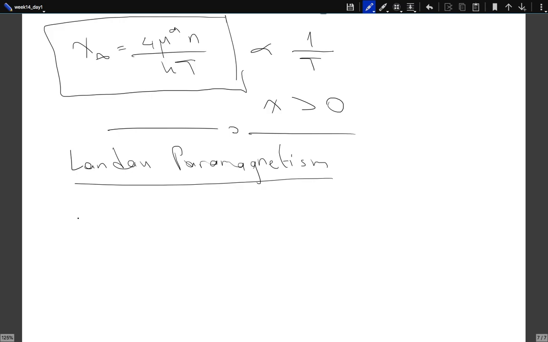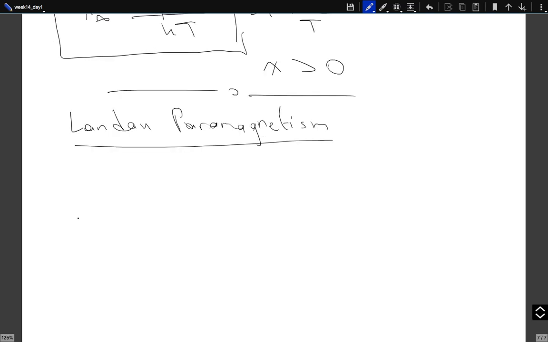And since they will be feeling a changing magnetic field, their speeds will change. Due to this change in the speed of the charges, there will be an additional induced magnetic moment. And this additional magnetic moment, as we will show now, turns out to be in the opposite direction of the applied magnetic field. So that's the origin of this diamagnetism.